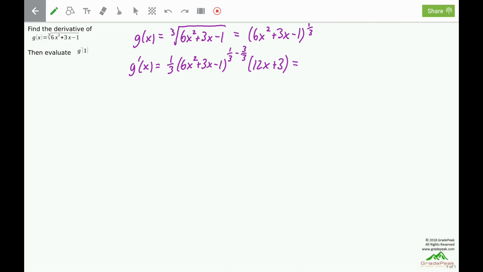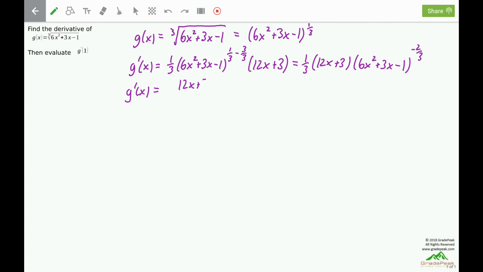That 12x plus 3 can be moved out front with the 1/3 since everything is multiplied here. And we will have the 6x squared plus 3x minus 1 raised to the 1 minus 3, negative 2/3. Since we have a negative exponent, that can move to the denominator and become a positive exponent, and we'll want to do that.